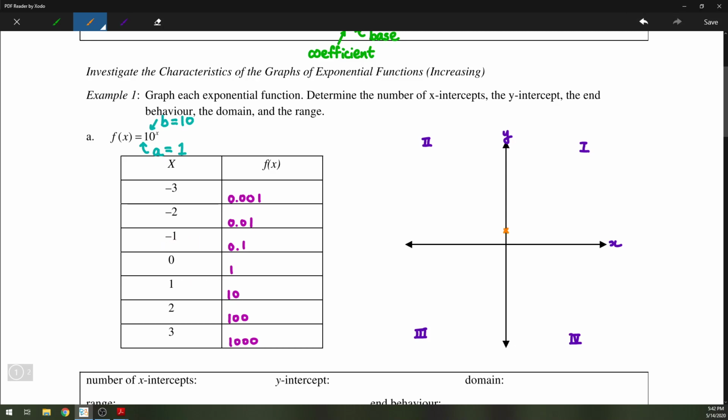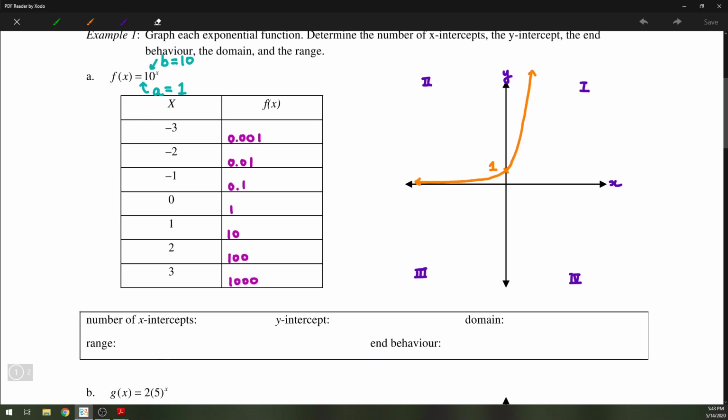And as we move left to right, you can see the numbers on the left of the y-axis are very small, and then it increases to become 1. And then once we're past that, it increases very rapidly, going from 1 to 10 to 100 and then to 1,000. So that is what you need to label on the y-axis. And this will be the general shape of the exponential function that's increasing.